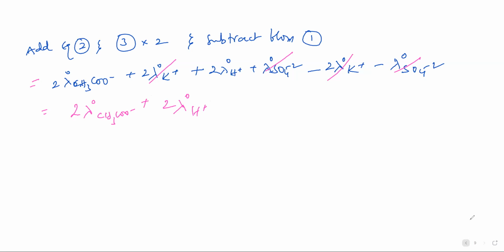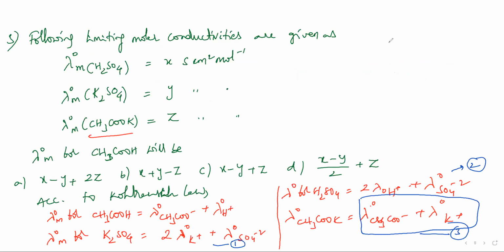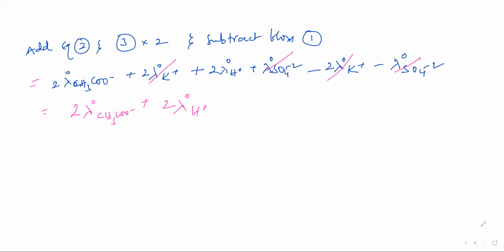Now here, this equation 2, that means lambda naught for H2SO4. What is that?